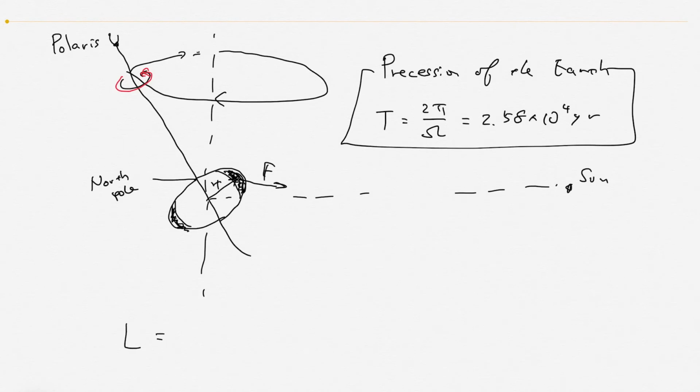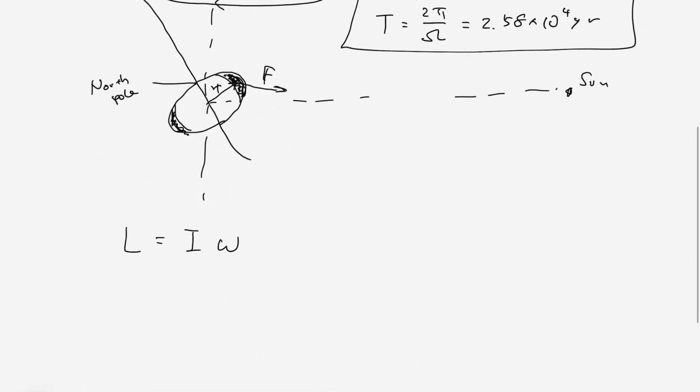L equals I omega. I, the moment of inertia of the Earth, we have already discovered. Omega is the spinning angular speed. Every day it rotates, spinning one time. So 2 pi should be divided by 1 day. Then 1 day is 24 hours, and an hour is 3600 seconds.